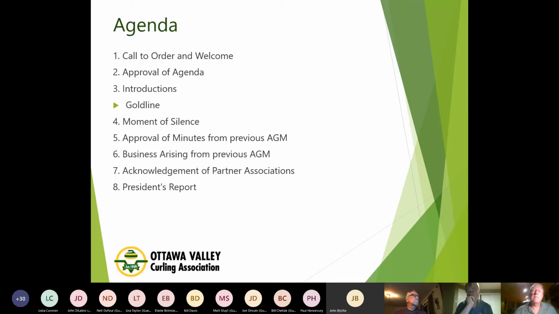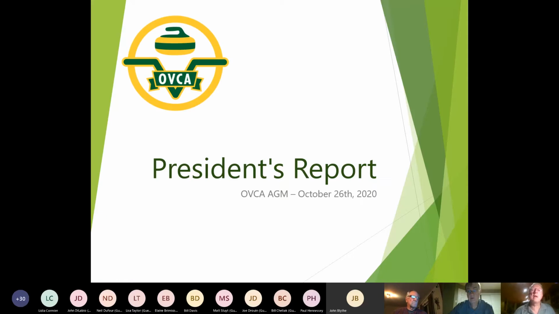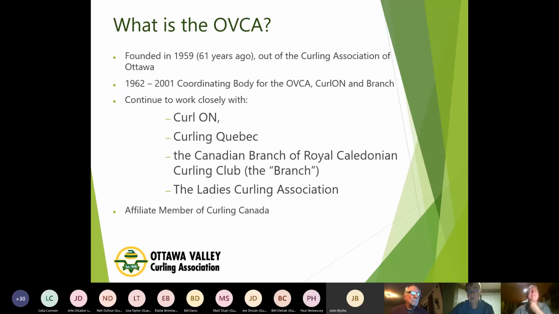So there were 21 people who said this is their first OVCA meeting. So the first couple of slides are really directed at those 21, and they answer, in my mind at least, what is the OVCA? The OVCA was founded in 1959, so 61 years ago, and it came out of the Curling Association of Ottawa.